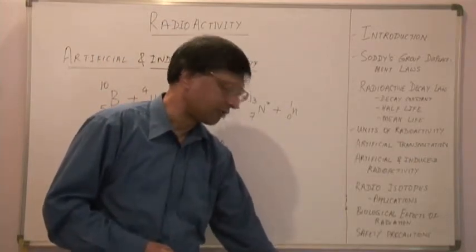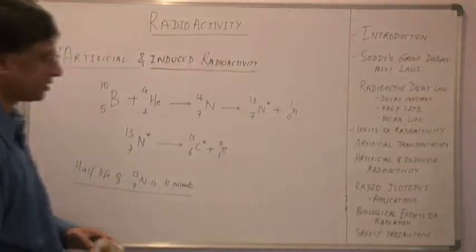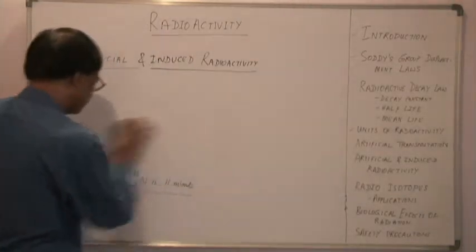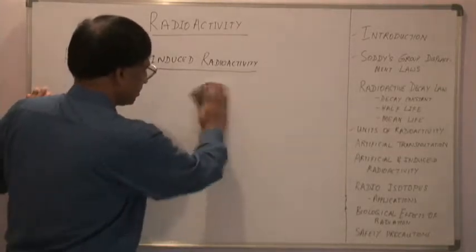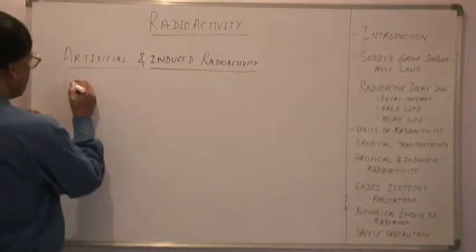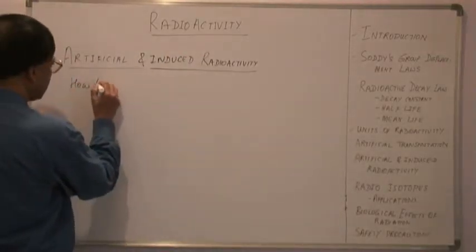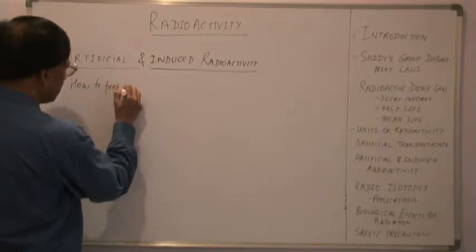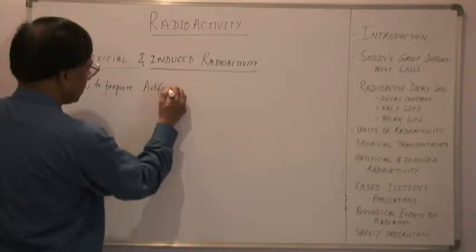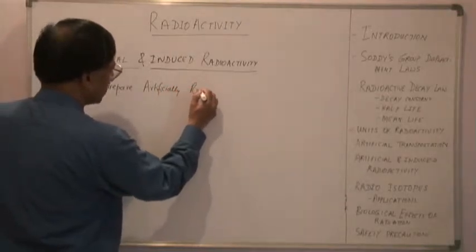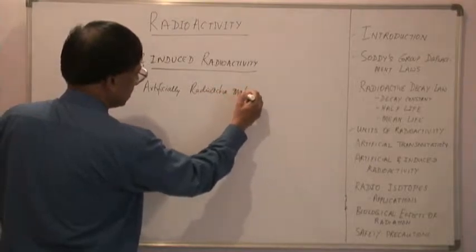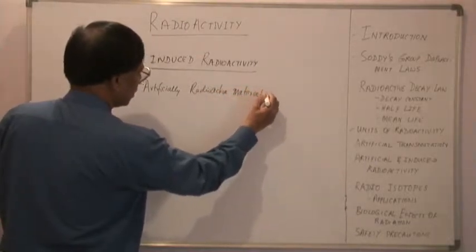Now let us look at how we prepare artificially radioactive materials. We just saw what artificial radioactivity is. Now let us see how to prepare artificially radioactive material or nuclei.